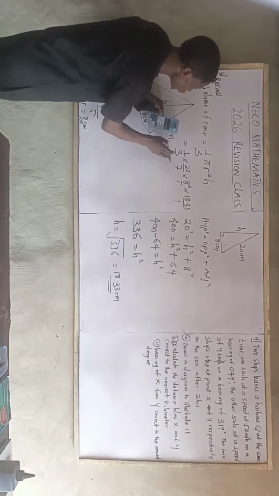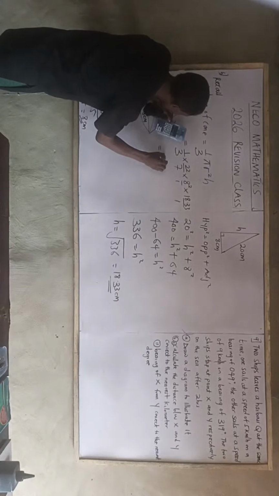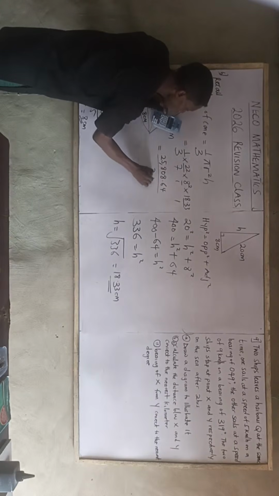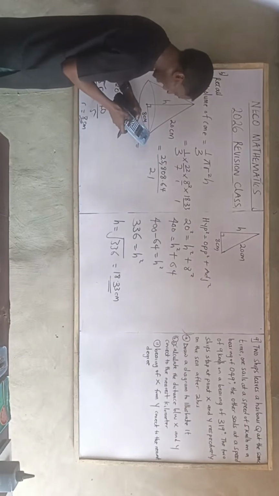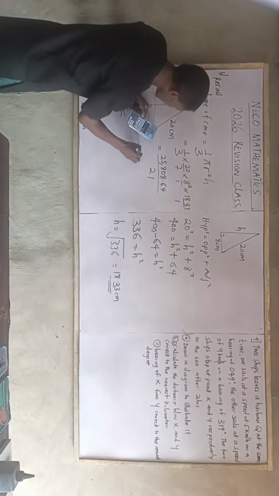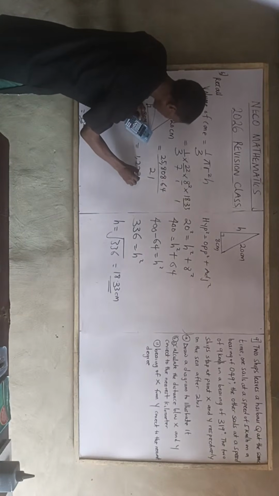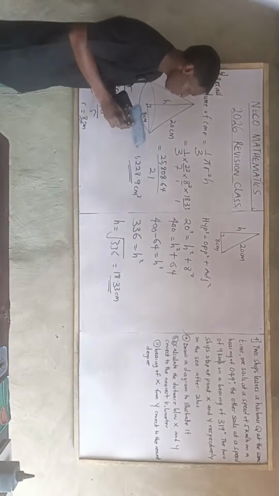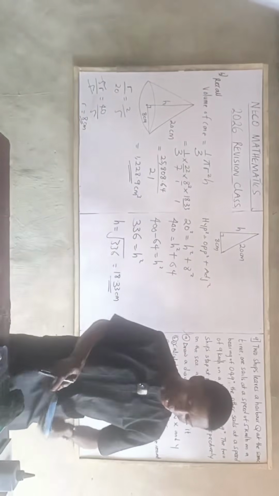Now don't attempt to jump the step. Write the numerators out first. So we've got that to be 25,808.64. Divide by 21, I have 1,228.9 centimeter cube. All right, why the cube? Because we've just got the volume, and that's the correct SI unit for volume.